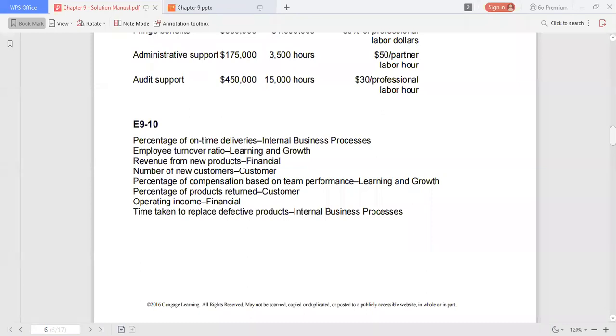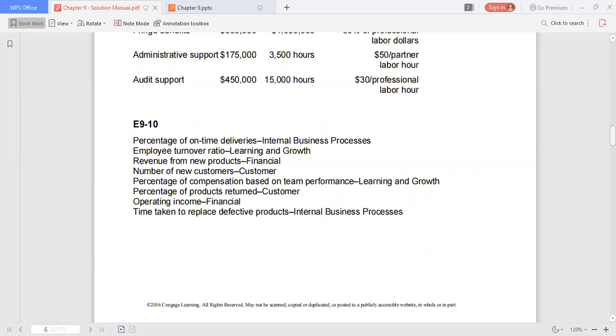So we have percentage of on-time deliveries, employee turnover ratio, revenue from new contracts or new products, number of new customers, percentage of compensation based on team performance, percentage of products returned, operating income, and time taken to replace defective products. So we have this, label each one as either of the four.